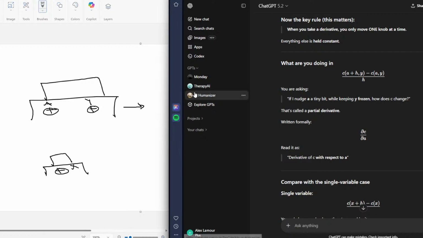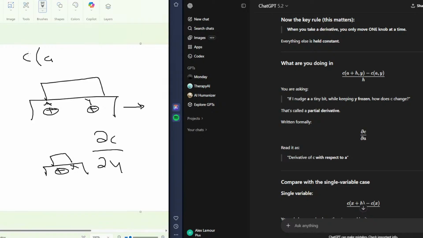Derivative of C with respect to a, although there should also be a derivative of C with respect to y, if that's the case, right? Because eventually we'll need to move y, and I wonder if that'll essentially be C(a, y + h) minus C(a, y), divided by h. You might need to do this as well, right?